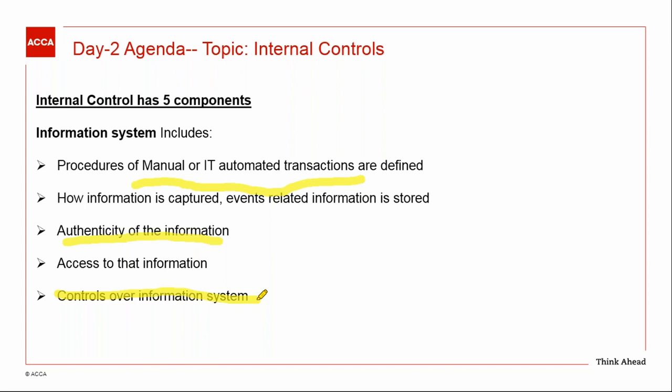So that's the control applied on the information system: who is eligible for what type of information. That's all about the information system. This is very easy, and I think you understand the third component.